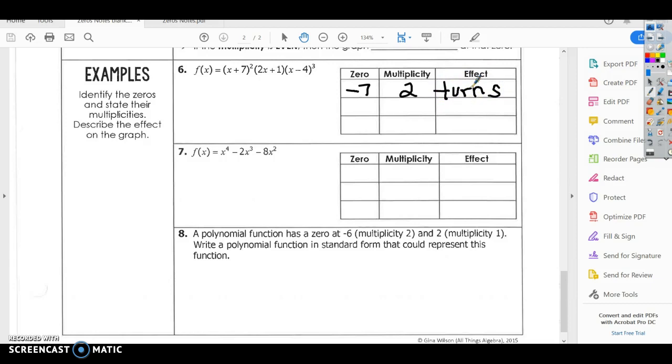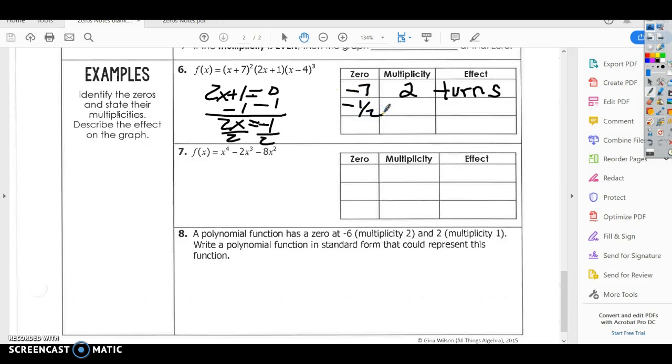All right, and then we would move on to the next one. The next factor is 2x plus 1. 2x plus 1 equals 0. Again, you would just solve that for x, so subtract 1 and divide by 2. So your x is going to equal negative 1/2.